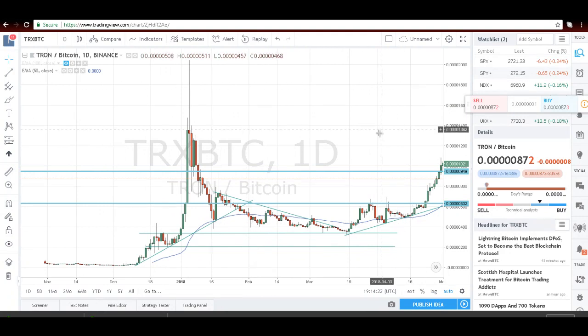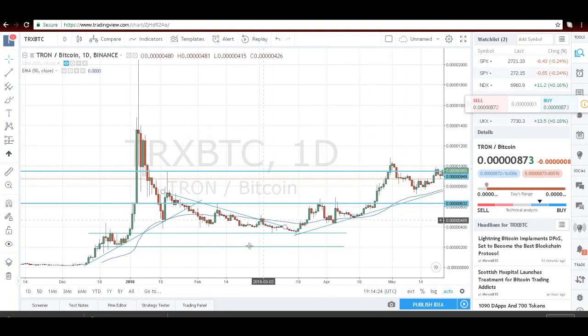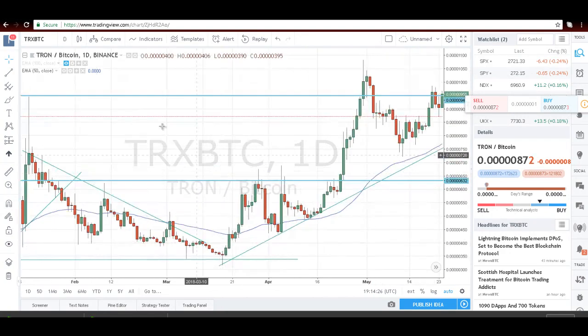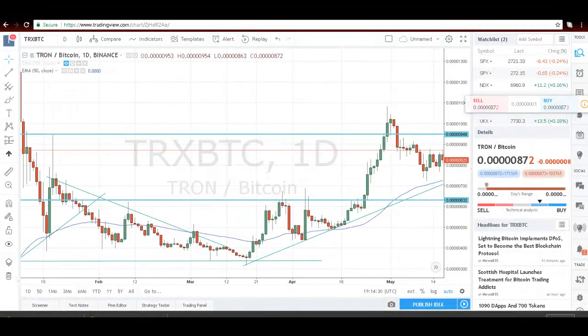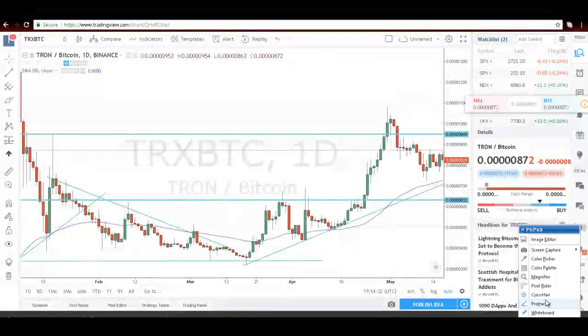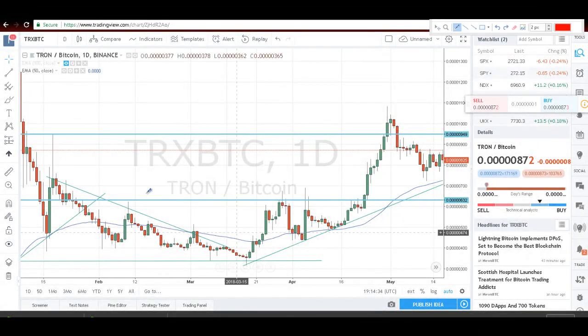And if you look at the swing high, remember we were talking about the swing highs. Tron was forming resistance at this swing high. So if you notice right here, this is a swing high, right? And this is another swing high. So when price got to them, it blew past both of these swing highs. So boom, boom, right? But when it got to here, it formed resistance.